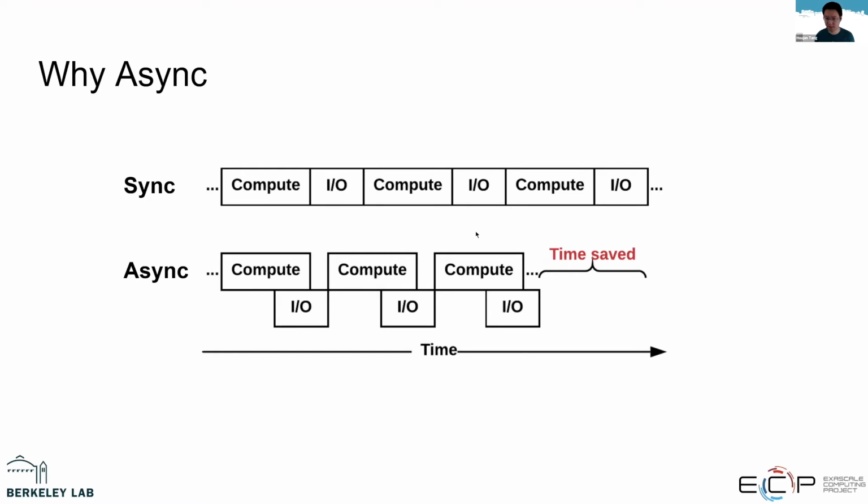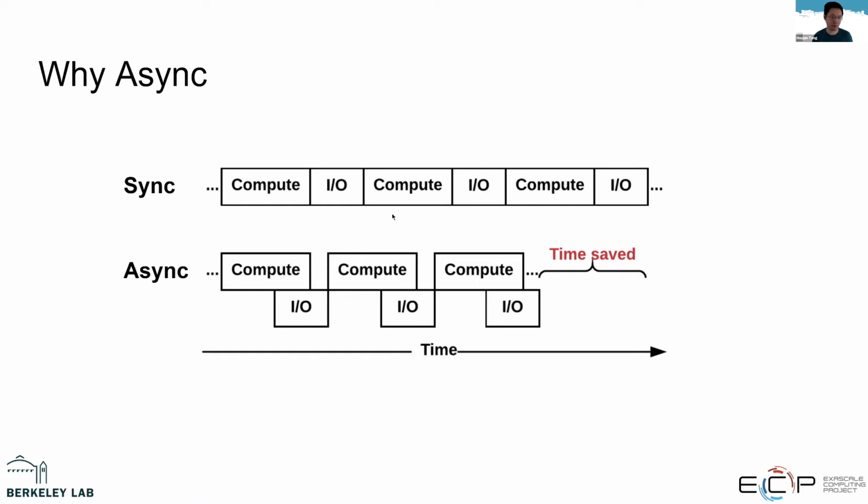Well, the simple answer is we want to make HDF5 applications run faster. By default, all the HDF5 IO calls are synchronous, meaning they are blocking and will keep the application from running other tasks until the IO task has been completed. So in this way, the CPU of that application often remains idle, doing nothing at all, just waiting for the IO.